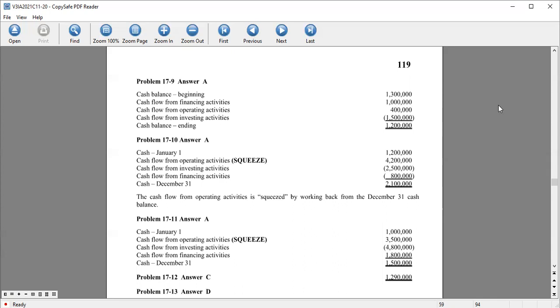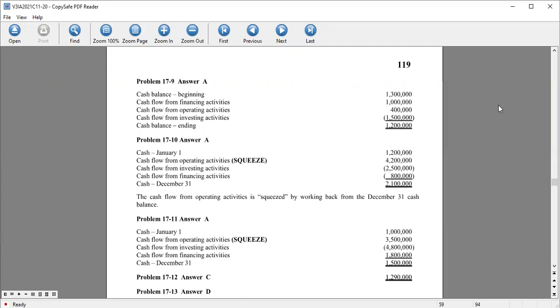And then we have the cash flow from operating, the amount of 400,000, and from investing of 1.5 million. Now, total shareholders' equity, of course, is not cash. So we have now the amount of cash balance at the end of 1.2 million. That's letter A. Then we go to 17-10.